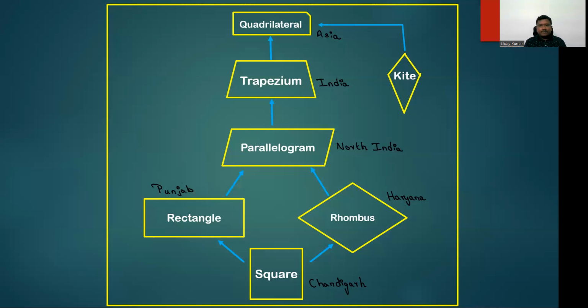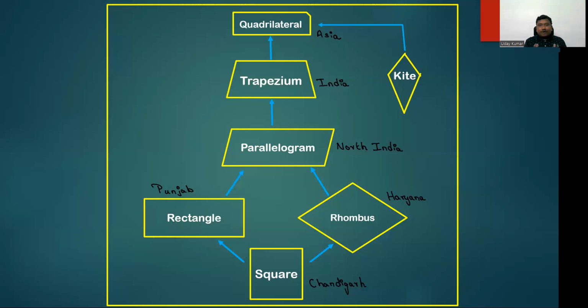Okay. So, for those who still have a little dilemma, if you look at this, I hope you can understand very well. If you are a Punjabi, it means you are a North Indian, you are an Indian, you are in Asia. If it is a rectangle, it's already a parallelogram, it's already a trapezium, it's already a quadrilateral.